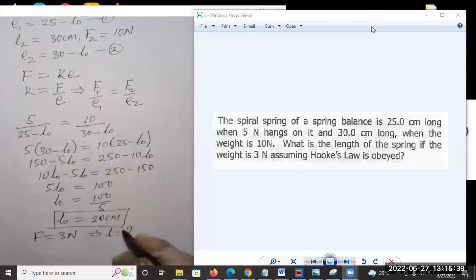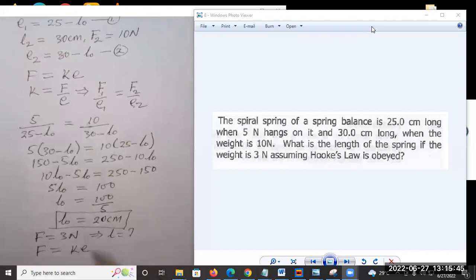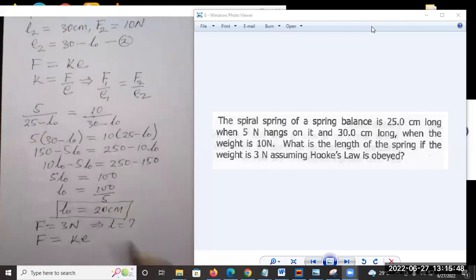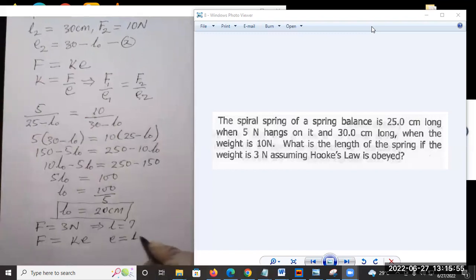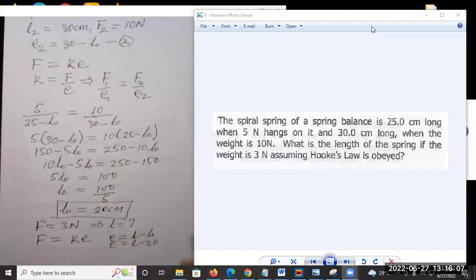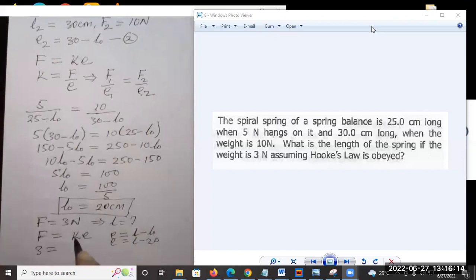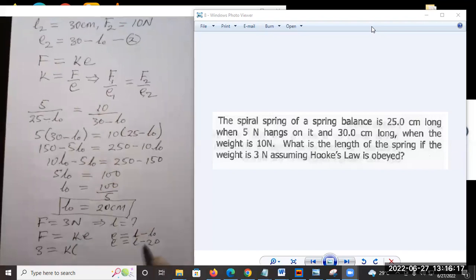Once again, applying Hooke's law, force is equal to K times E, where E is L minus the original length, that is L minus 20. So we have 3 equals K times L minus 20.